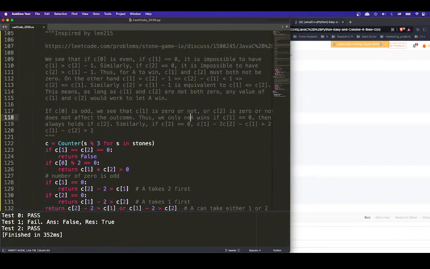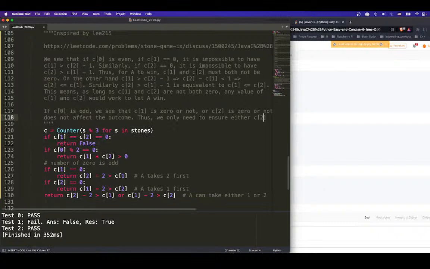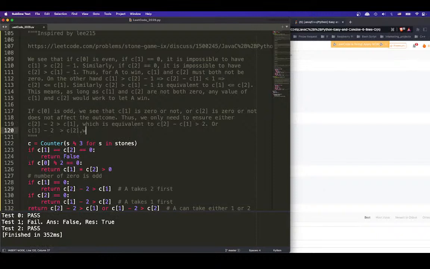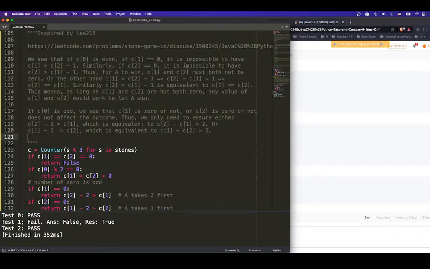Thus, we only need to ensure either C2 minus 2 larger than C1, which is equivalent to C2 minus C1 larger than 2, or C1 minus 2 larger than C2, which is equivalent to C1 minus C2 larger than 2.